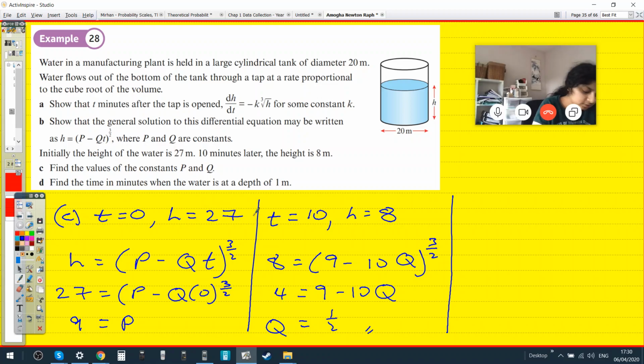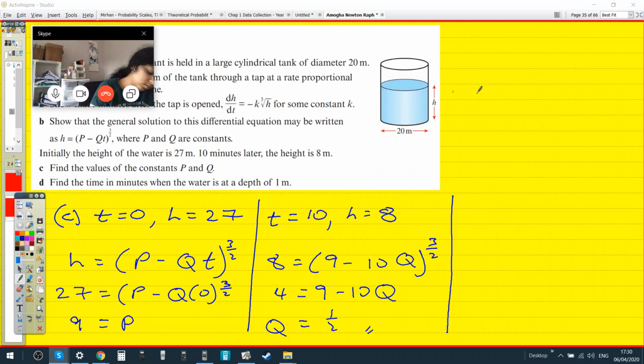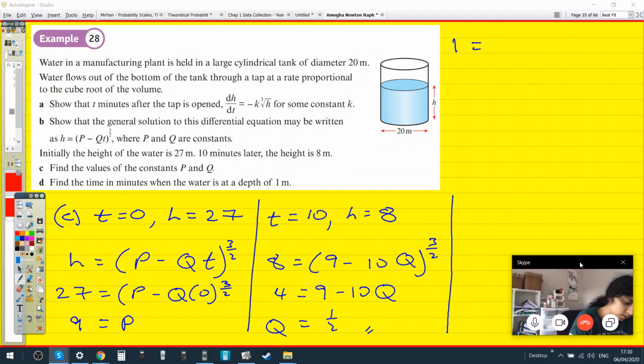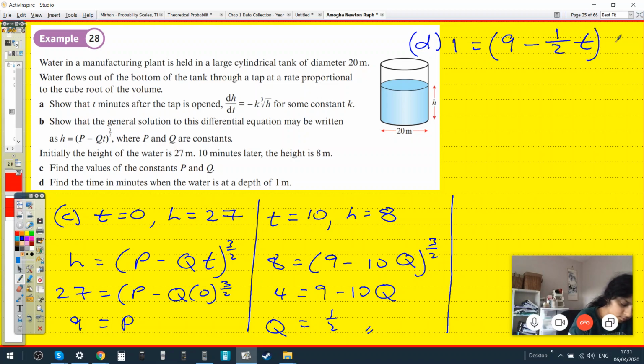Wouldn't H just be equal to 1 and then you just solve for T? Yeah. You just get 1 is equal to 9 minus half T, and then minus 8.